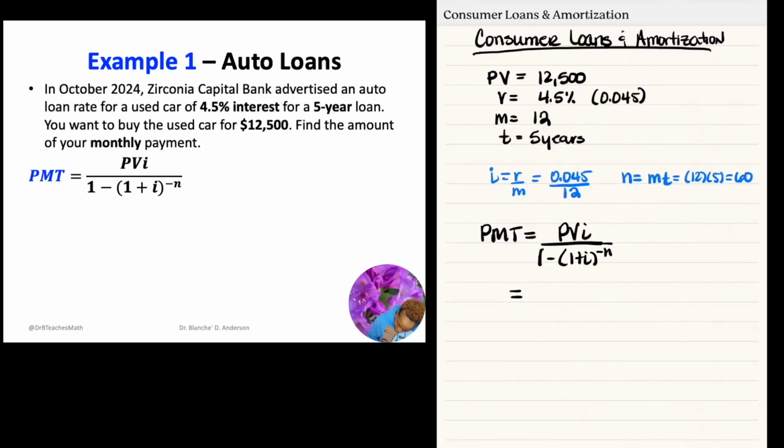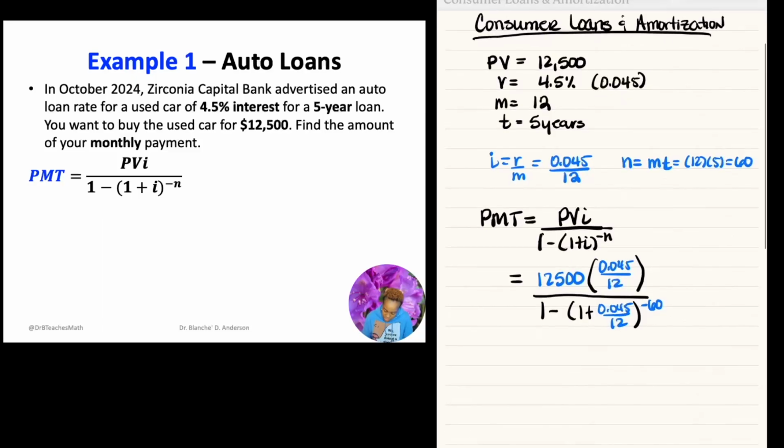This is going to be 12,500 times 0.045 over 12, divided by 1 minus (1 plus the same thing, the interest rate, 0.045 divided by 12) raised to the negative 60. And that's just following the formula, okay?